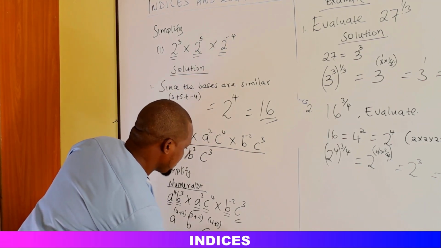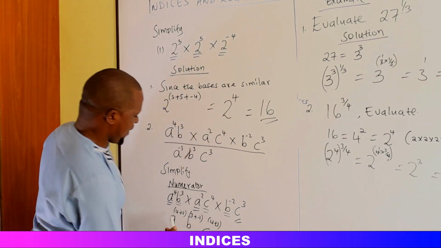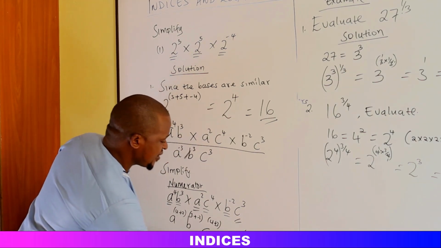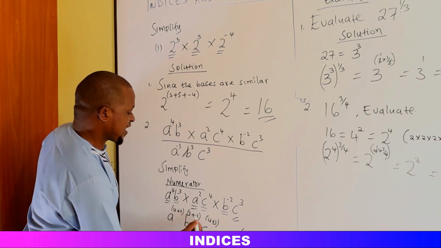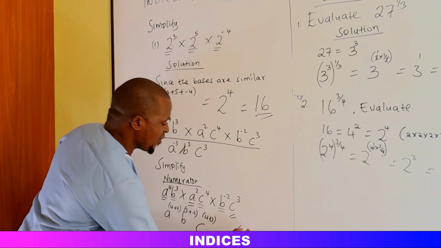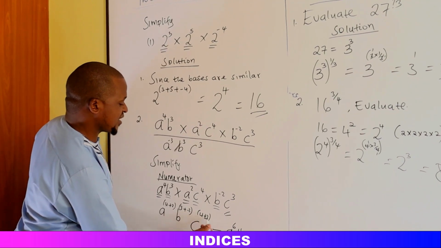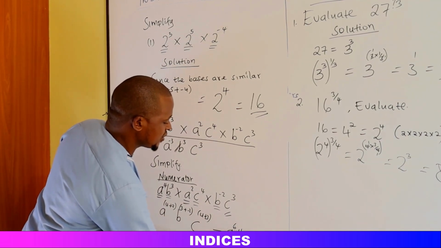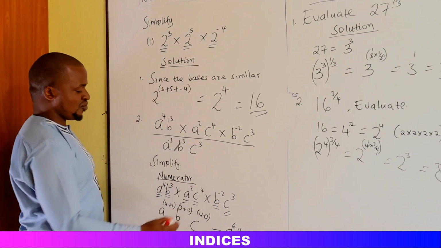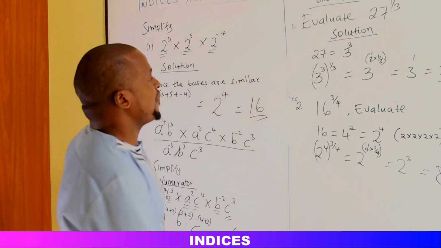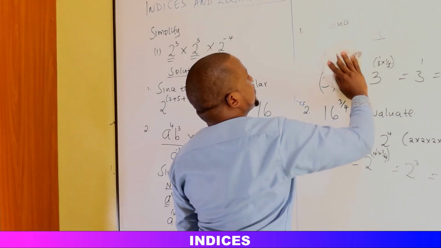This will give us a raised to power 4 plus 2, which is 6. We have b, 3 plus negative 2, will be 1. Then we have c raised to power 4 plus 3, will be 7. So this is our numerator. Then our denominator.